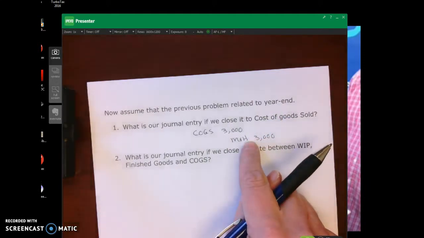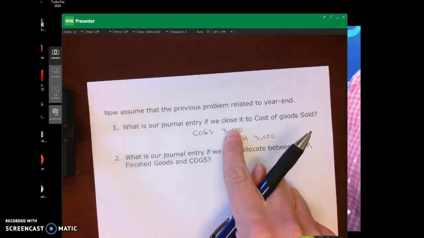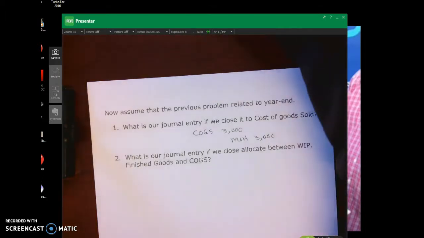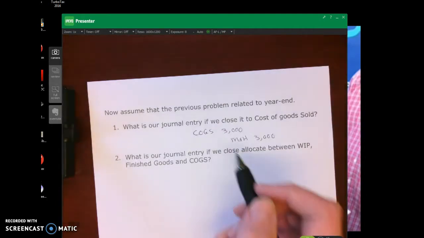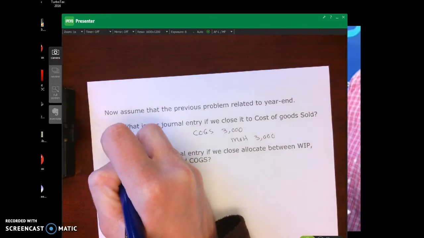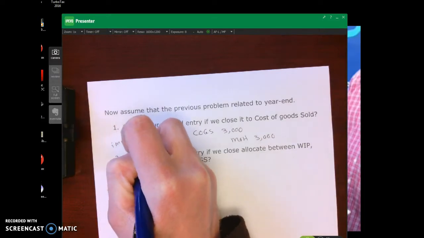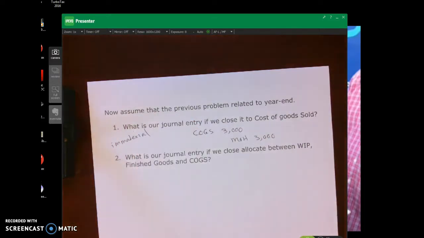By doing that, I zero out the manufacturing overhead account, and I move it to cost of goods sold. And that actually makes more sense, because we had $12,000 of actual overhead but we only applied $9,000, so we actually have to add $3,000 more to cost of goods sold.